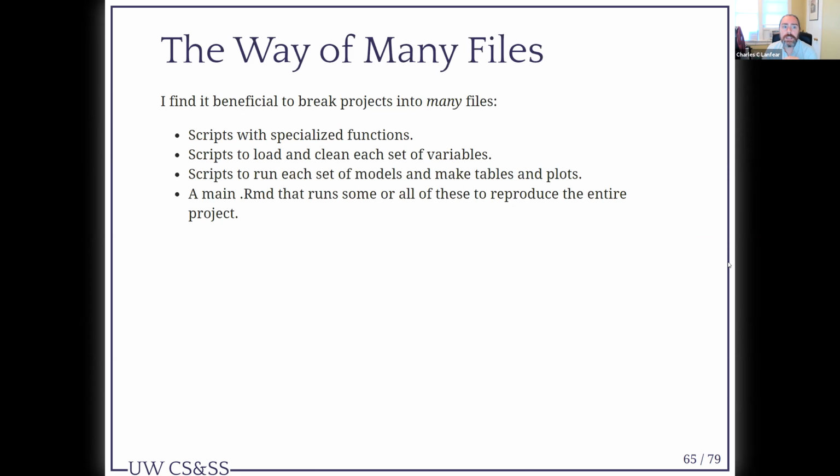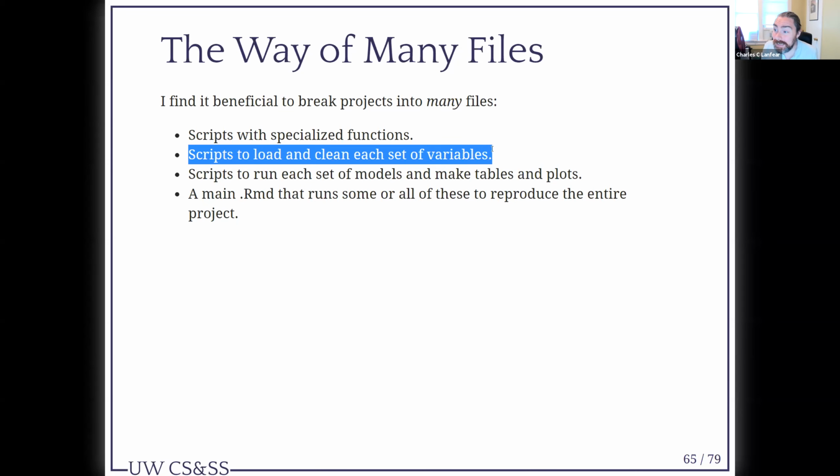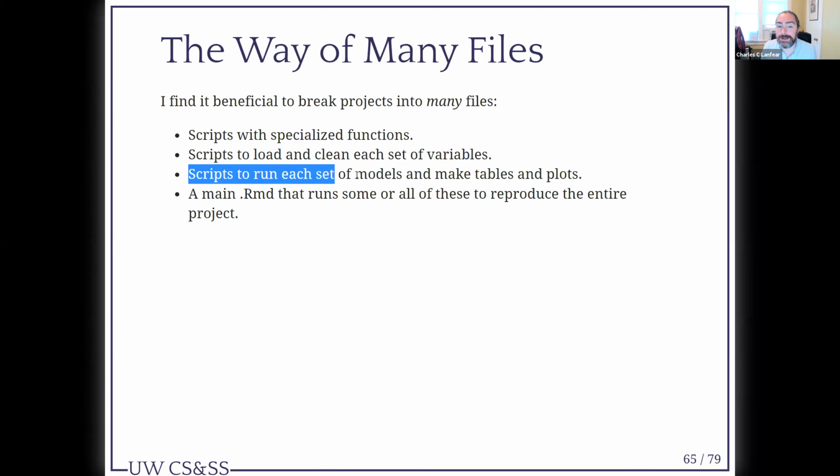So I find it beneficial to break your project into many, many files, lots of files all over the place. I do this by creating lots of files that have things like scripts containing specialized functions, scripts that load and clean each set of variables, scripts that run each set of models, scripts that make each set of tables, scripts that make each set of plots.